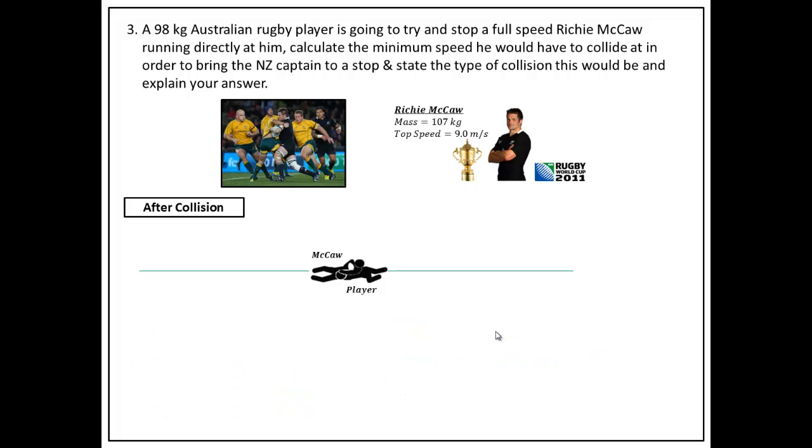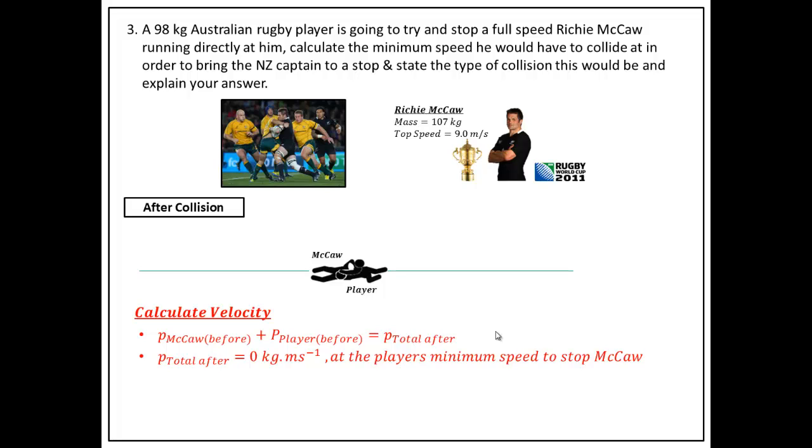To therefore calculate the velocity, we must first write an expression. Here we can state that the total momentum before is the same as the total momentum after the collision. And as explained before, after the collision, McCaw and the player would have 0 momentum at the player's minimum velocity required to stop McCaw. So by adding McCaw's momentum he had before and the player's momentum before the collision, they must equal 0.